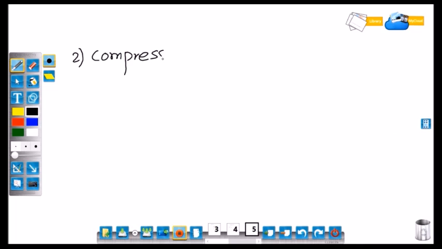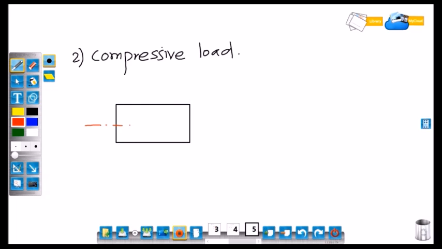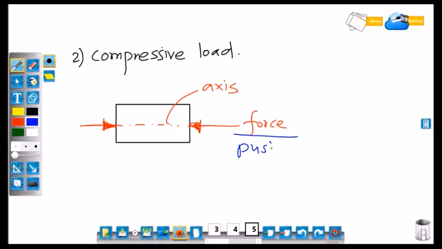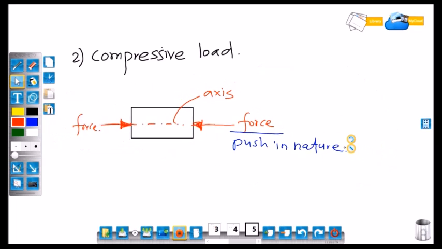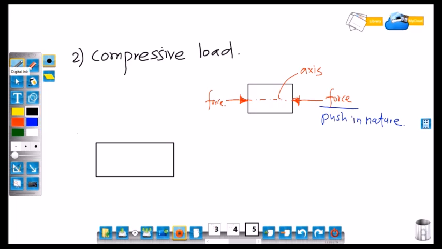Next, compressive load. Consider a body. This is the axis of the body and load is applied along the axis. These are the two forces applied on either side which are push in nature. What will happen if compressive load is applied?